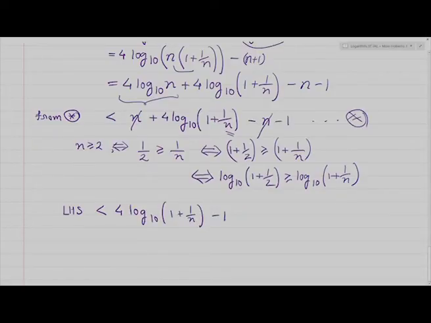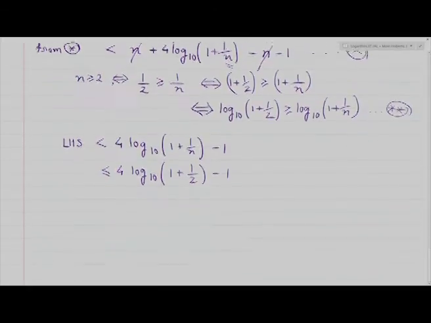Okay. Now I will use this expression, which I will call double star, and from double star this quantity is again going to be less than or equal to 4 times log to the base 10 of 1 plus 1 by 2, minus 1, right.